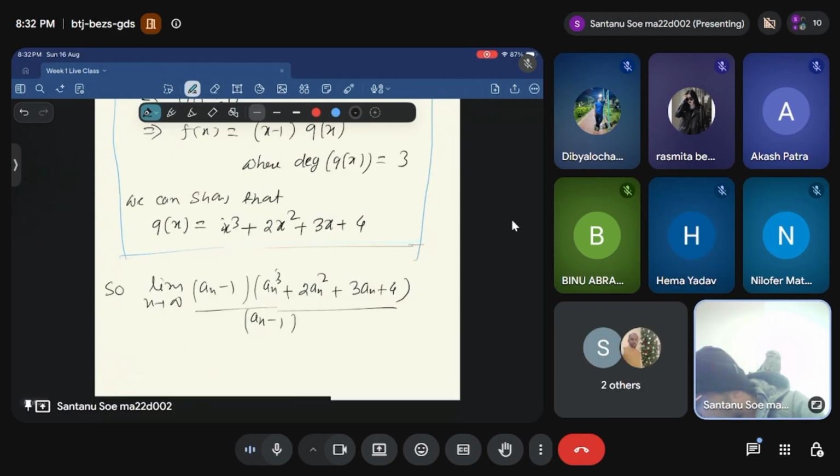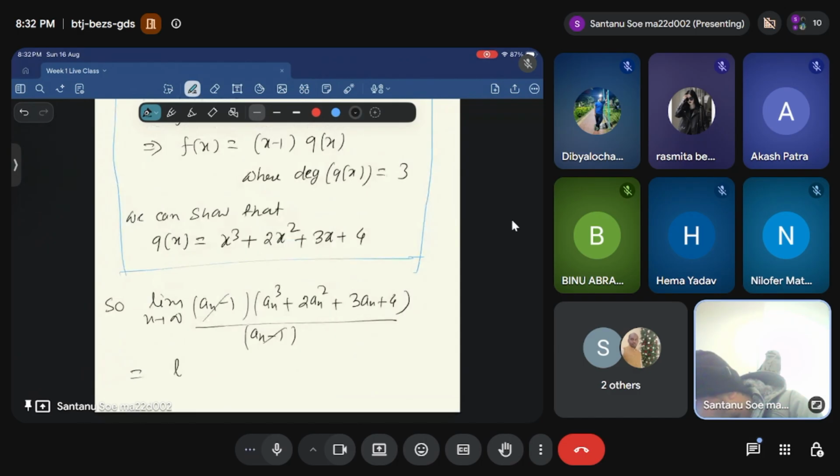So this will get cancelled out and we are left with this term. Correct. So now we can substitute the limit of an, because we know that the limit of an is 1. So this will be 1 plus 2 plus 3 plus 4, which is 10.